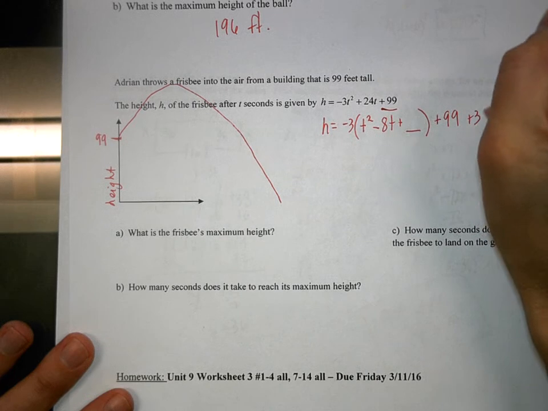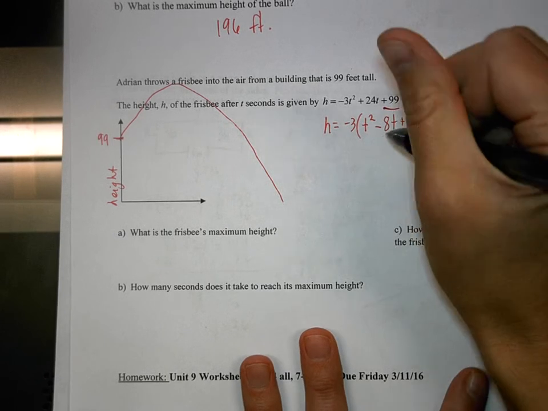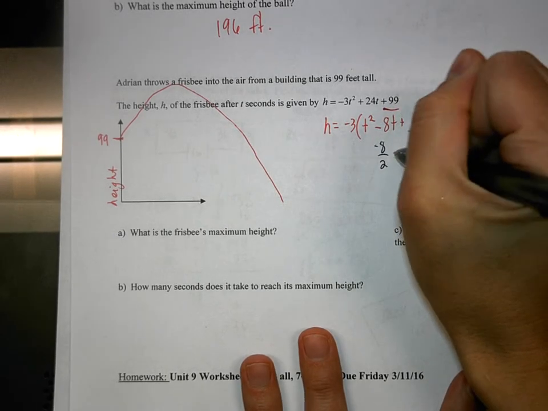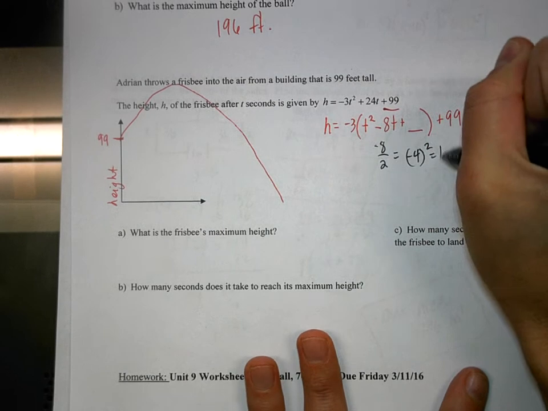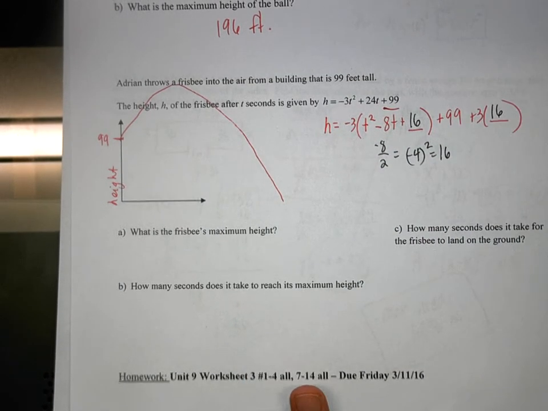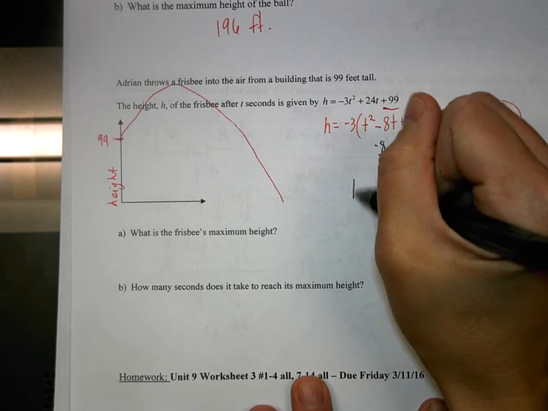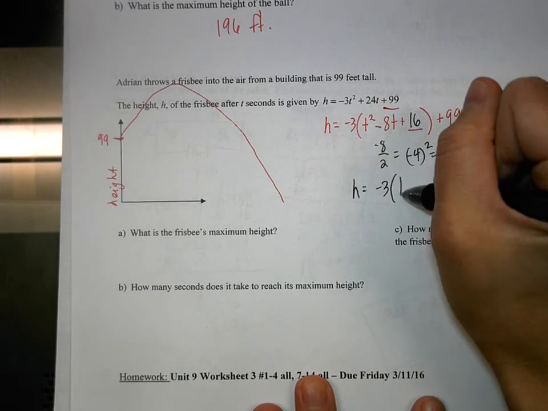Right, Joseph? Okay, how do I complete the square? -8 divided by 2 is -4, and -4 squared is 16. So when I write my equation now, h equals -3, what goes in my square? Good. (t minus 4) squared.